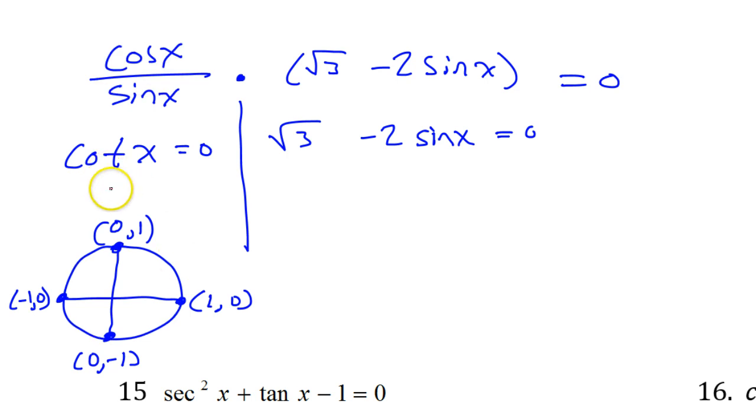Now cotangent is x over y. So the cotangent here would be 1 over 0, 0 over 1, 0 over negative 1, and negative 1 over 0. Alright, just in each case I'm doing x over y.